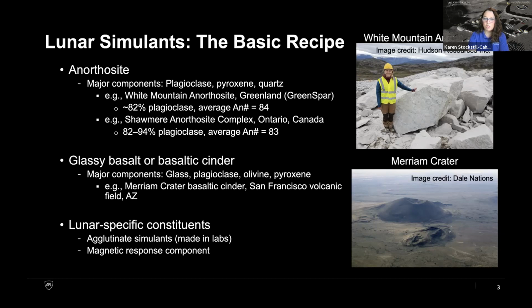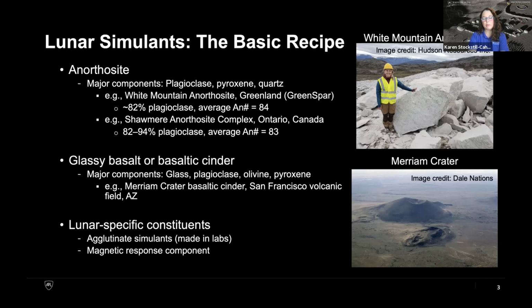Another popular one is the Shawmere anorthosite complex in Canada. It has similar levels of plagioclase and plagioclase compositions. And we would combine that with some sort of glassy basalt or basaltic cinder. Oh, I forgot to mention that the major components in the anorthosite are plagioclase, pyroxene, and sometimes some quartz.